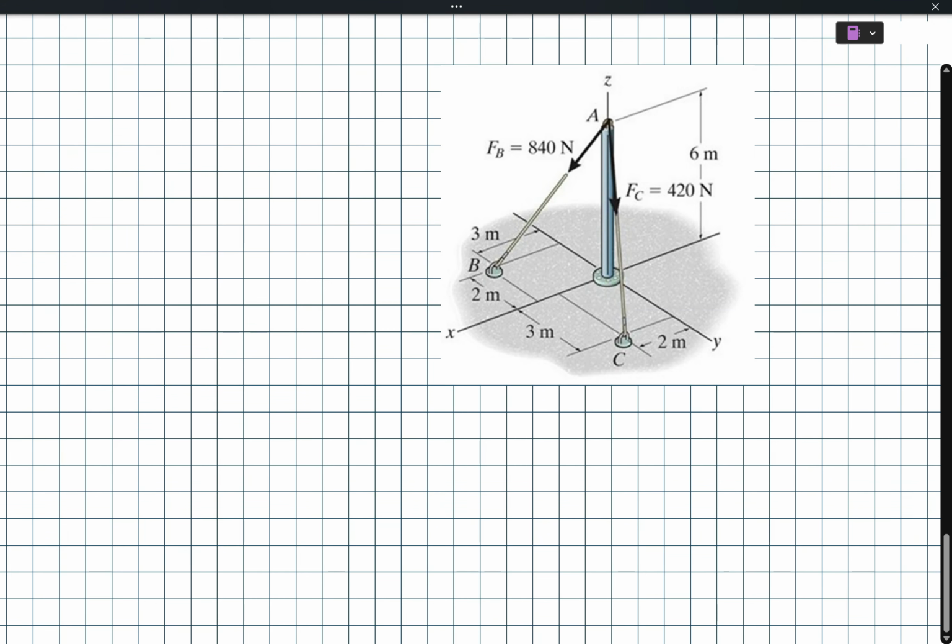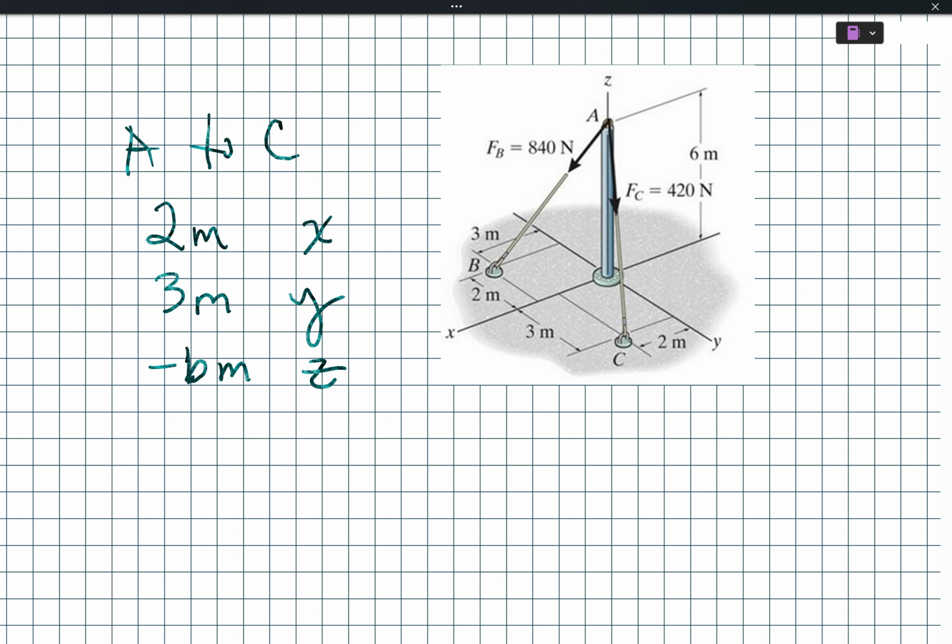All right, so looking at the figure, when relating A to C, it looks like we're going to have to go 2 meters in the x direction, 3 meters in the y direction, and -6 meters in the z direction.